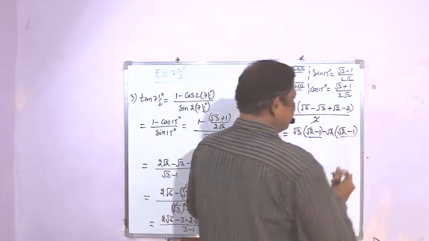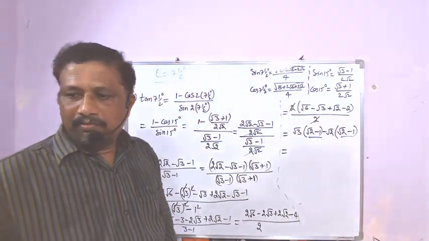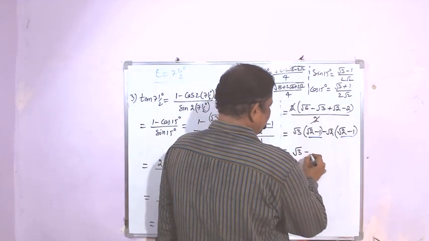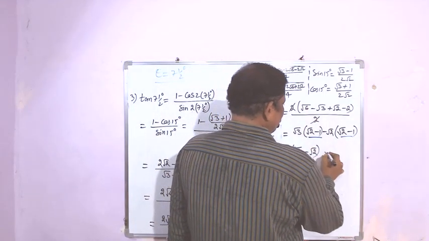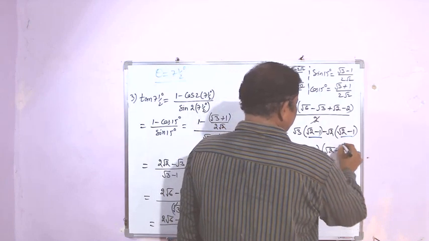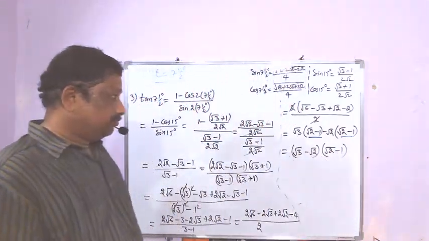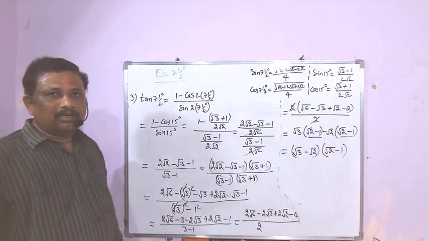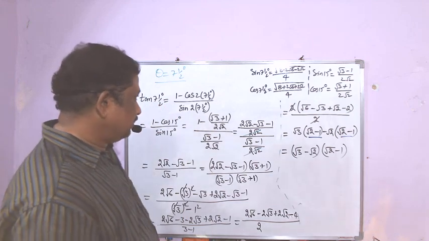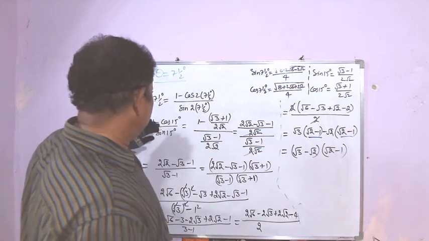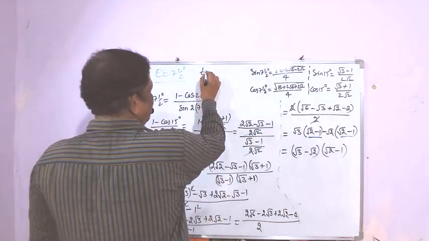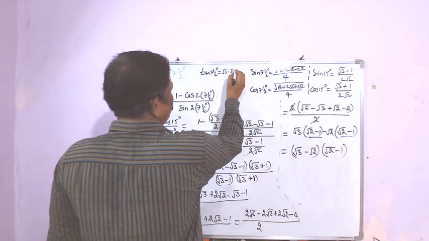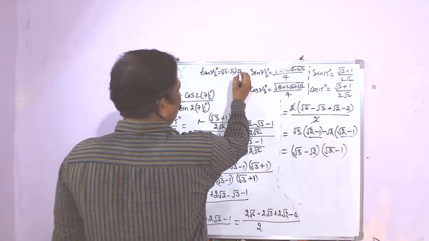Root 2 minus 1. So if we take out root 2 minus 1, we get root 3 minus root 2 into root 2 minus 1. This is the tan 7.5 degrees value. Okay, clear? Next we will find cot 7.5 degrees. Tan 7.5 degrees formula is root 3 minus root 2 into root 2 minus 1.